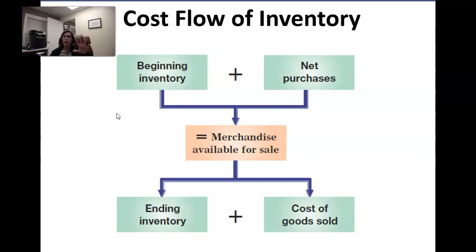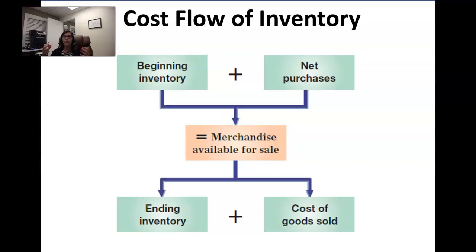So the way that the costs flow, we've got beginning inventory, because it's unlikely we've sold everything in our warehouse at the end of last month. So we're probably going to start with something. We'll buy some stuff probably as well. And that gives us what's called merchandise or inventory available for sale.